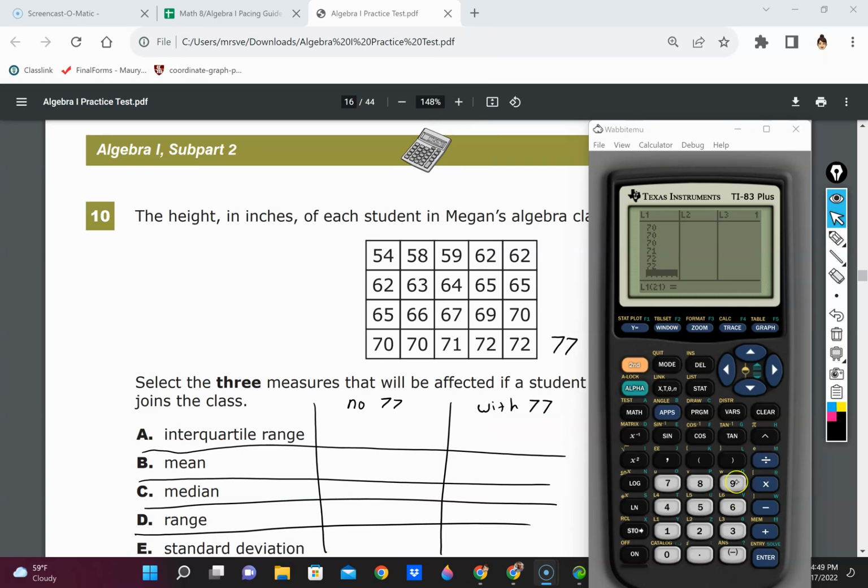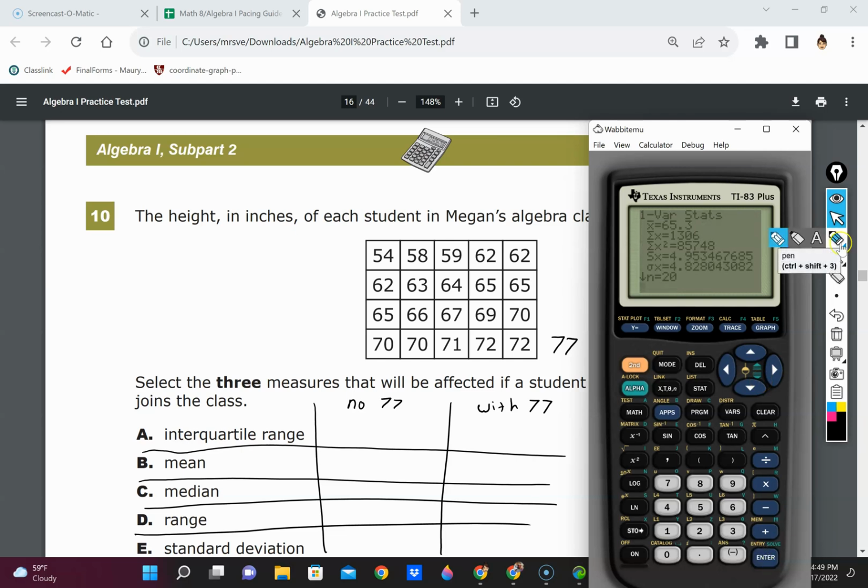If you notice, it says 21, but if I go up, my last data is 20 pieces of data. So this is without the 77. I'm just using list 1, go back to stat, and calculate, and I'm only going to use the one variable stats.